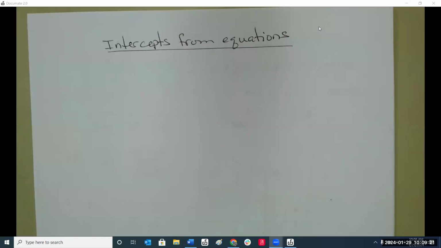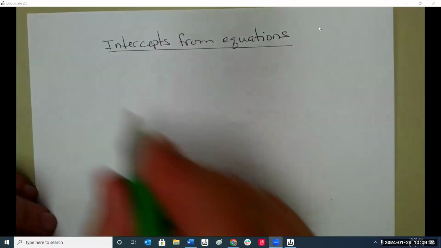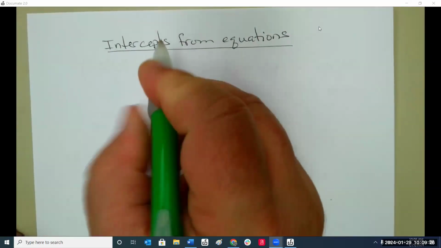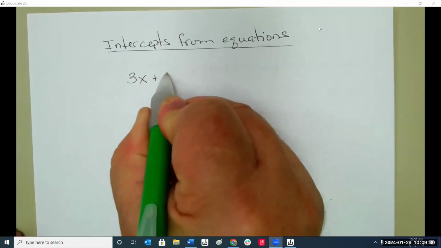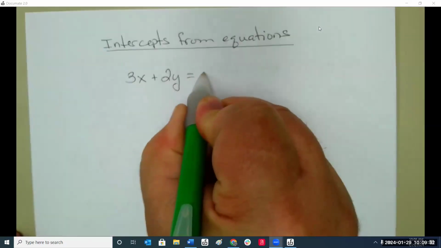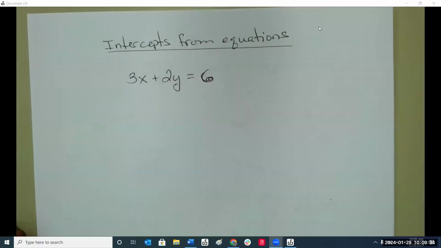So how do you think, with what we just talked about, if I gave you this equation, how would you find the x-intercept and the y-intercept?